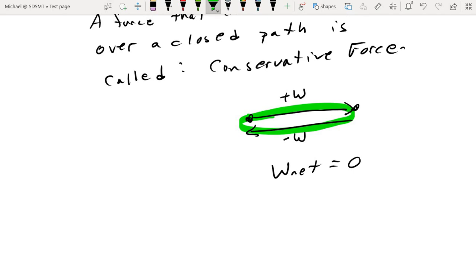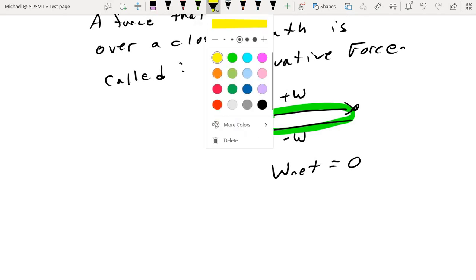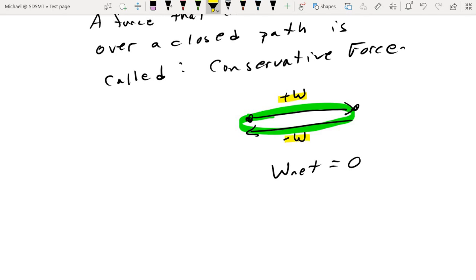We have effectively added the same amount of energy that we have taken away, and vice versa. And so by conserving the amount of work that's done, we call this a conservative force.